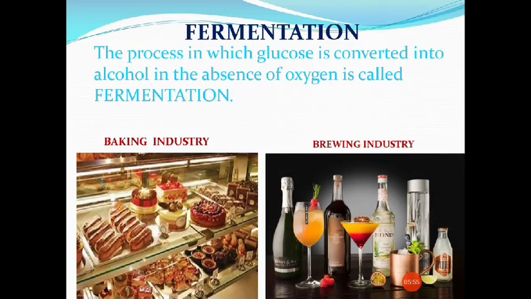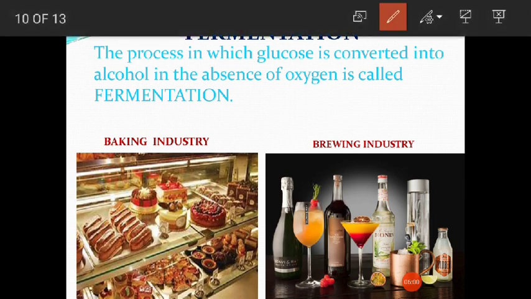How does it happen? When the glucose is converted into alcohol in the absence of oxygen, it is called fermentation. Generally, food we eat at home, bakery items, bread, bun, cakes, pastries, or your idli, dosas all involve the fermentation process. Another is the brewing industry. Here also the fermentation process is used for making different drinks, beers and all.